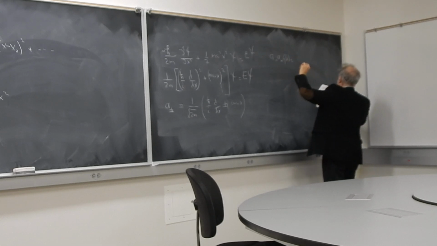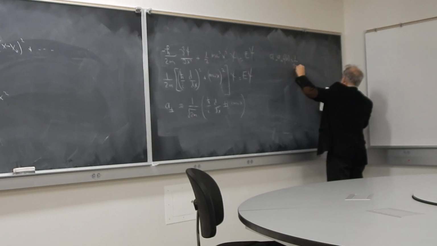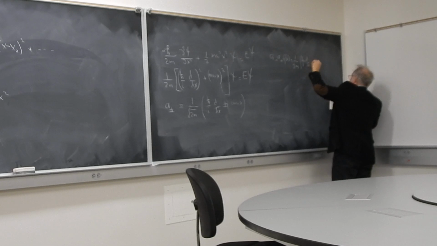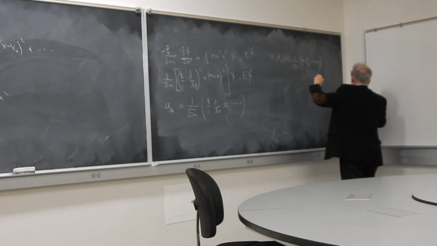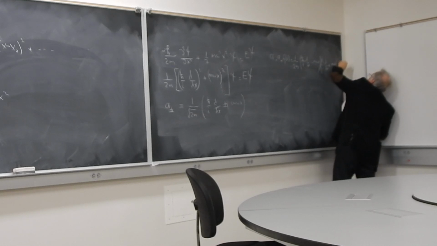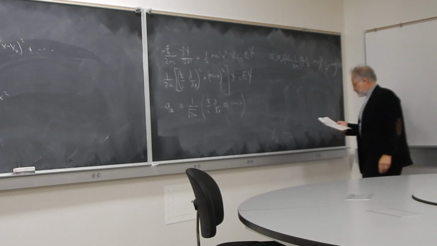And when I do that, I'm going to get the following: 1 over 2m times h bar over i d dx minus i m omega x. That's the minus version. Then h bar over i d dx plus i m omega x operating on f of x.